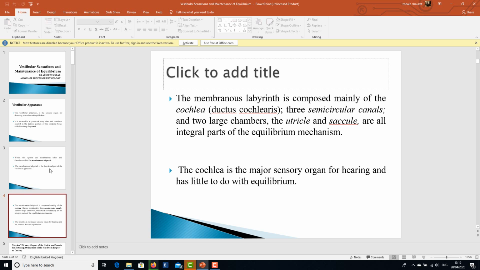So if you are being asked what is the composition of membranous labyrinth, it is composed of cochlea, 3 semicircular canals, and 2 chambers, which are utricle and saccule. Now cochlea is actually the major sensory organ for hearing and has little to do with equilibrium, but it is lying there in the membranous labyrinth, which is inside the bony labyrinth.